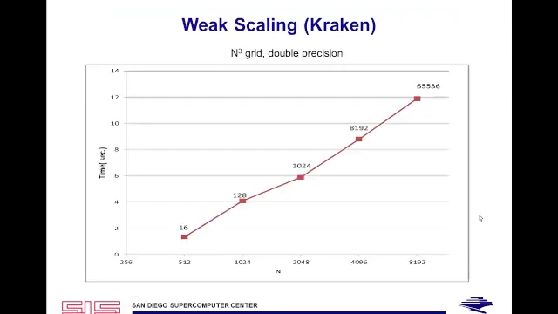Here's weak scaling. On the x-axis we show the linear grid size. We go from 512 cubed to 8,000 cubed grid, and from 16 cores to 64K cores. This is on Kraken again. Every time we double the grid size, we increase the core count by 8 times because it's a three-dimensional problem.